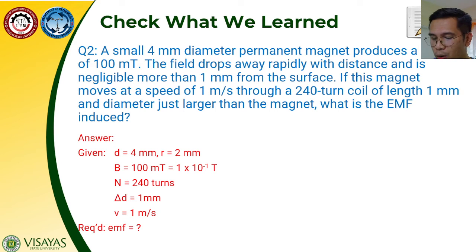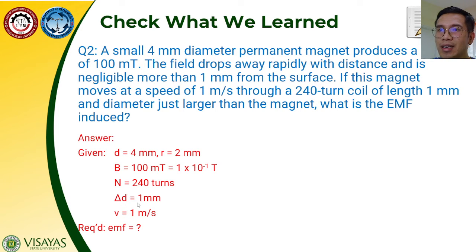We also have our external magnetic field, which is 100 millitesla, or equal to 1 times 10 to the negative 1 Tesla. I chose to convert it to Tesla beforehand so that during our computation, it will be easier for us. N, or the number of turns, is 240.